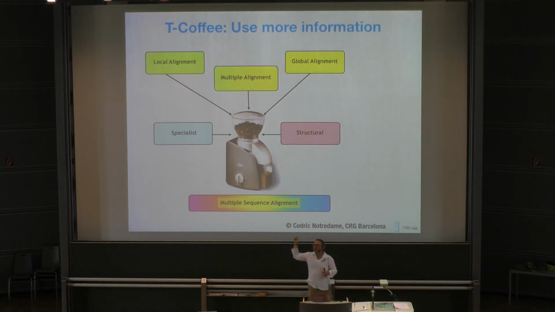If you put in the wrong information from structure, the expert, or global, it will just not take that again. It will just go over incorrect information, and at the end of the grinding, what you will have, the coffee is tasty, hence in this analogy, this is really the right alignment. And there is no other tool that I'm aware of that can in fact do that.